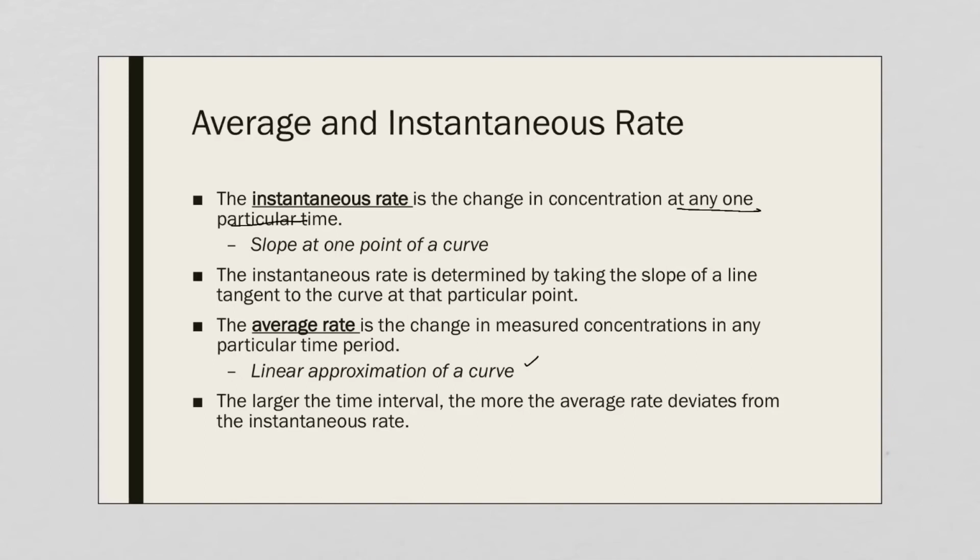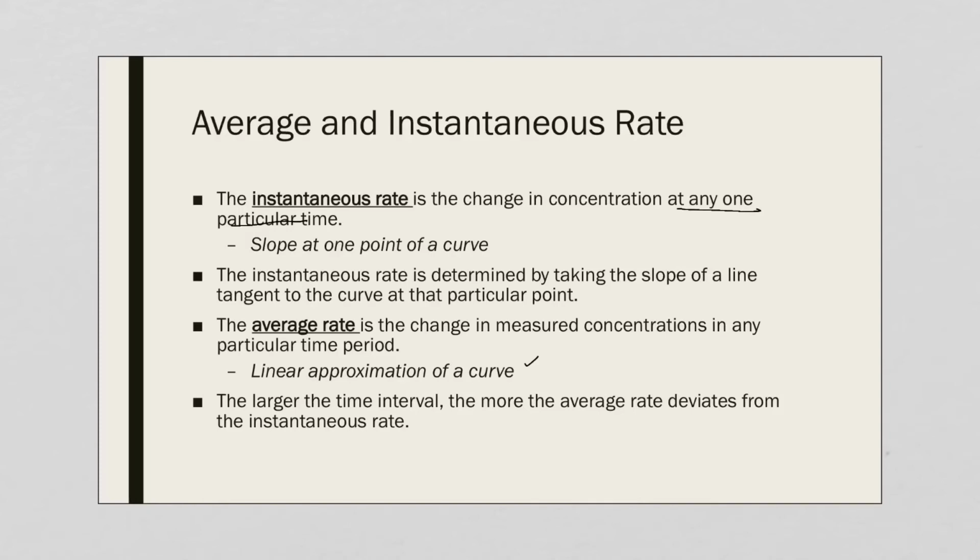Now, what we're really going to focus on is how we calculate that. So basically, we're going to look at the concentration at the beginning of our time period, the concentration at the end of our time period, and we're going to divide by whatever the time period was. And we'll look at an example here in a second.